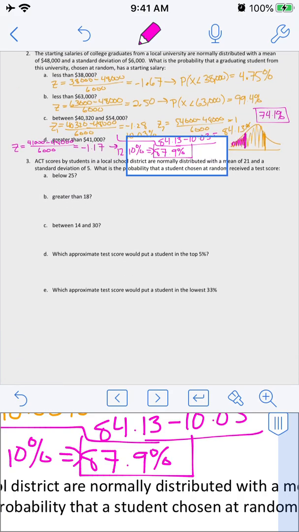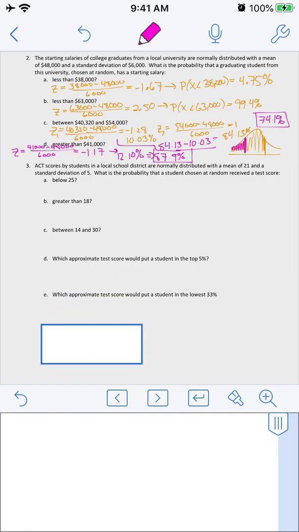All right, let's do one more. Okay, the ACT scores by student in a local district are normally distributed with a mean of 21 and a standard deviation of 5. What is the probability that a student chosen at random receives a test score A, B, C, D below 25?